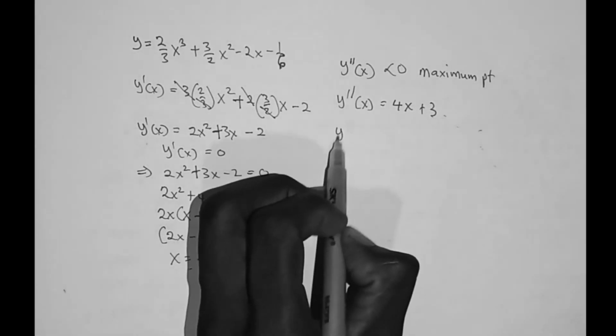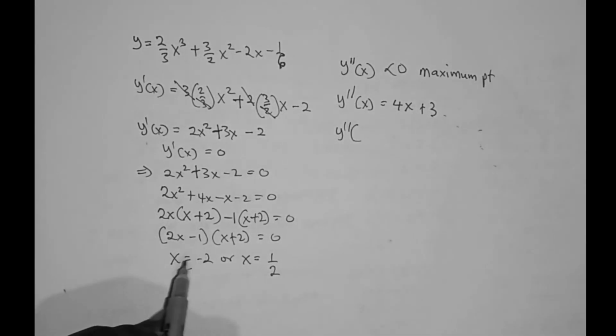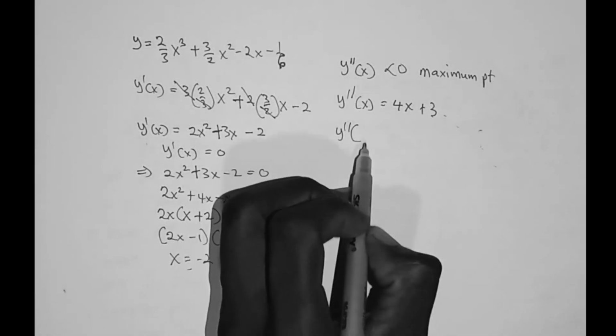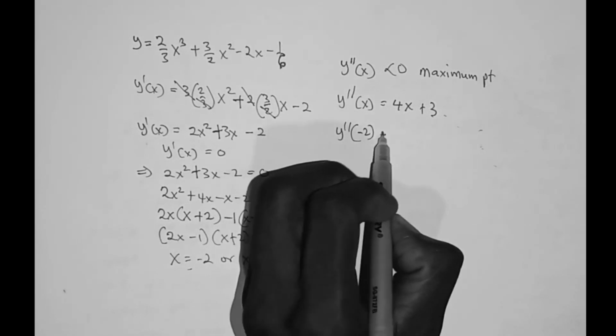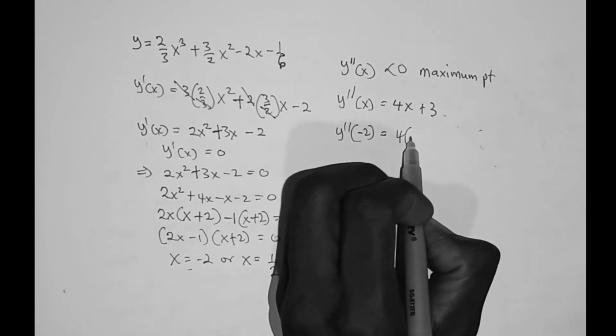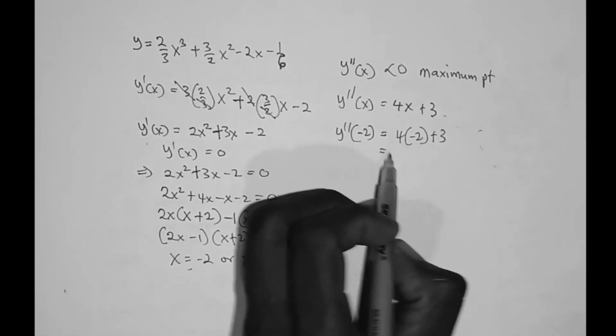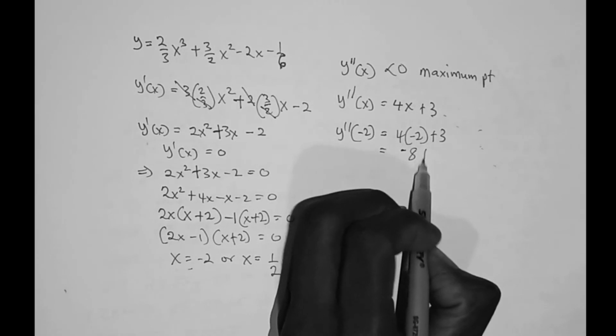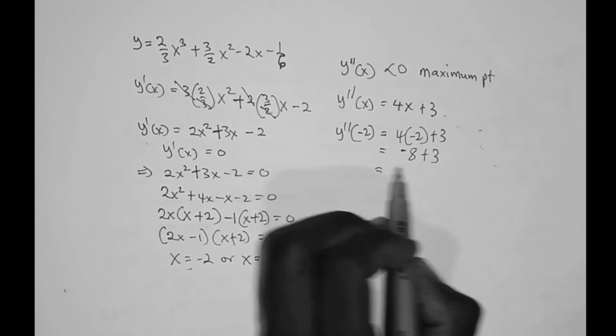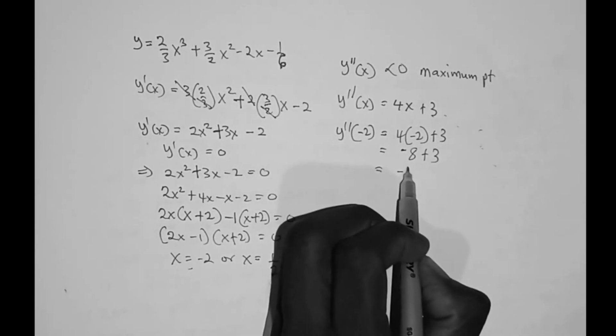So let's find y prime prime of the first one, which is minus 2. And this is equal to 4 times minus 2 plus 3. 4 times minus 2 is minus 8 plus 3. And then minus 8 plus 3 is equal to minus 5.